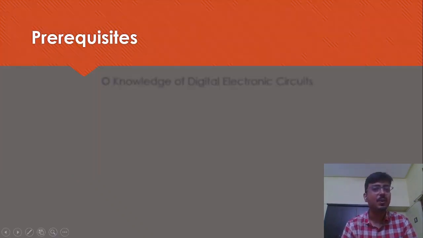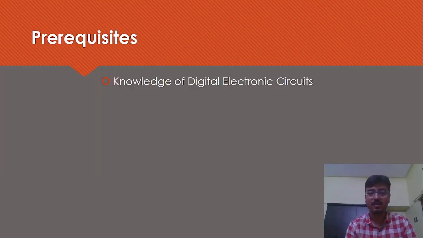To undergo this course, you must have knowledge of digital electronic circuits. What is Boolean algebra? What are the basic logic gates? What is a truth table? How to use K-map to minimize logical expressions? What are the basic combinational circuits, and how to design them using basic logic gates, like multiplexers, demultiplexers, encoders, decoders, adders, subtractors, etc.? What is a sequential circuit?